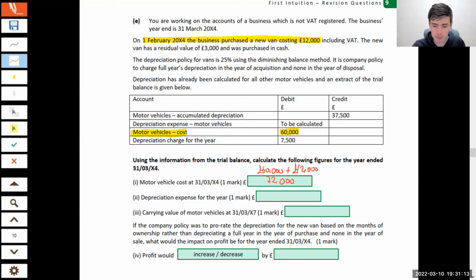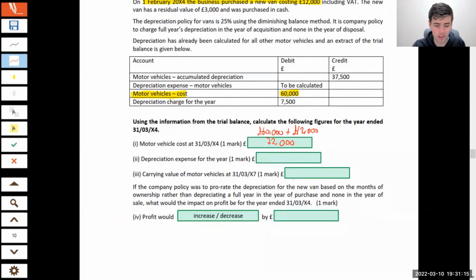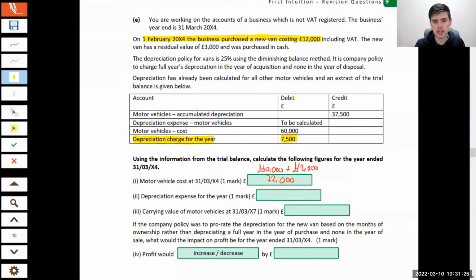Next one is saying depreciation charge for the year. So again, let's just pick out the information. I've already got a depreciation charge of £7,500 here, okay? So some depreciation has already been recorded, so we need to take that into account. But I also need to take into account the depreciation on the new asset.